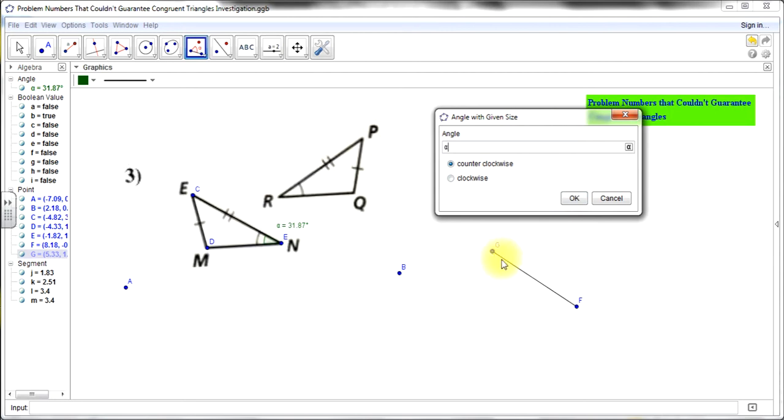And then now, since GF, the segment is the first side of my angle, and I want my angle to open up like this angle that I'm copying does, I really want it to open up counterclockwise, right? Since we're going here, CE, D, I need it to open up counterclockwise.